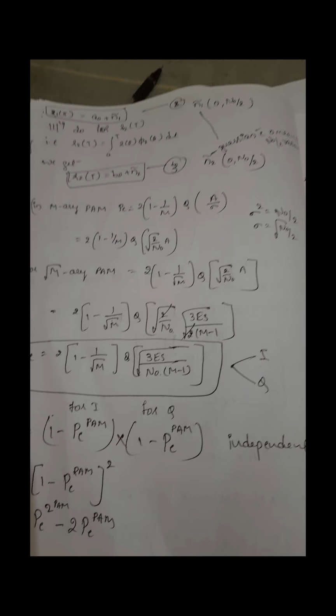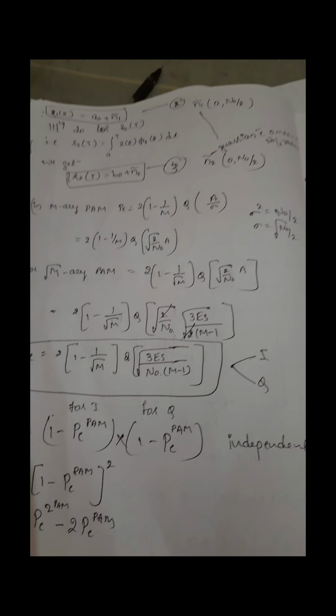In M-ary PAM signal, PE is equal to 2 into (1 minus 1 by M) into Q of a divided by sigma, where sigma square is the variance, which is N0 by 2, hence sigma will be square root of N0 by 2. So put the value of sigma in the above equation. You will get 2 into (1 minus 1 divided by M) Q of square root of 2 by N0 into a.